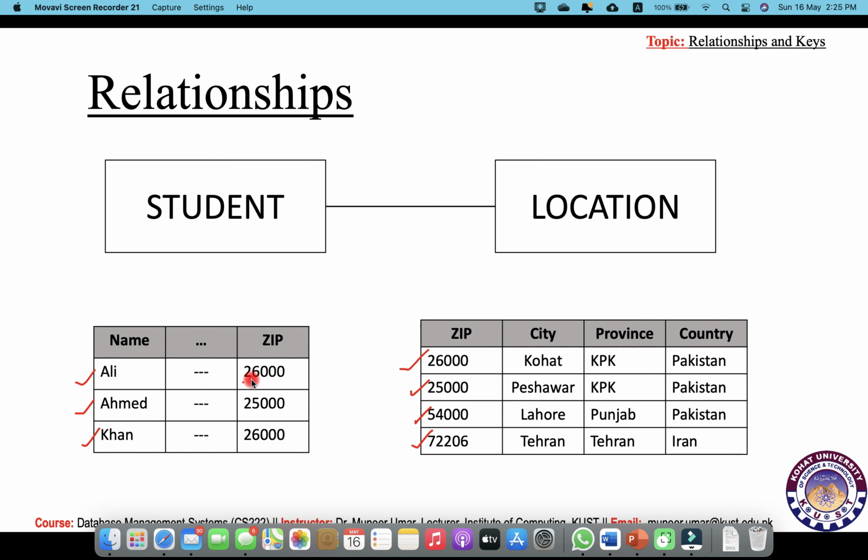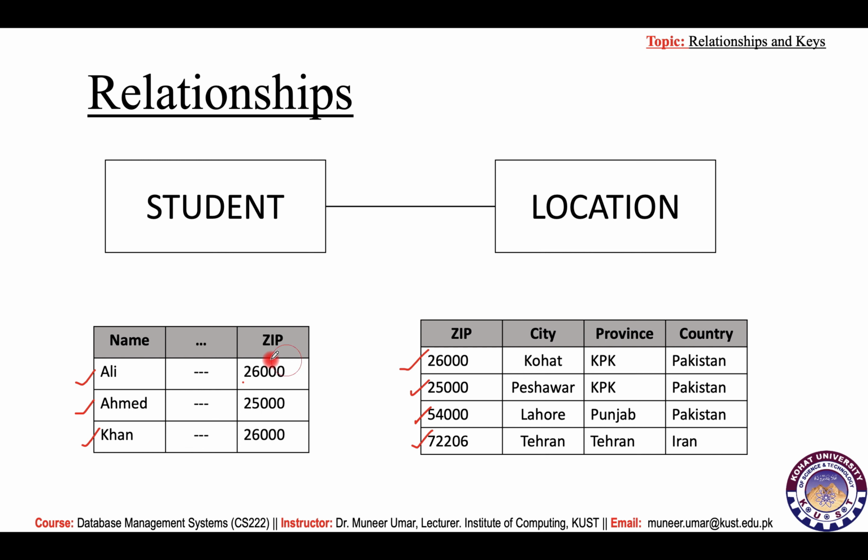Against Ali, the zip is 26000, and this 26000 is also present in the location table. So these two values under zip can be used to connect this Ali with the rest of the values in this row.